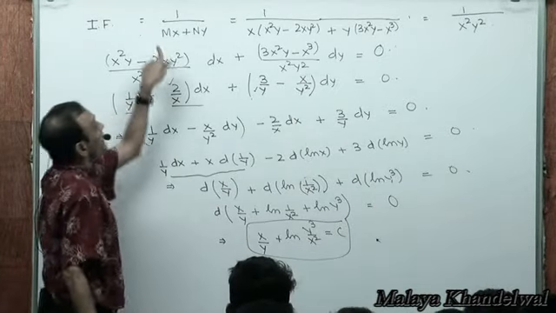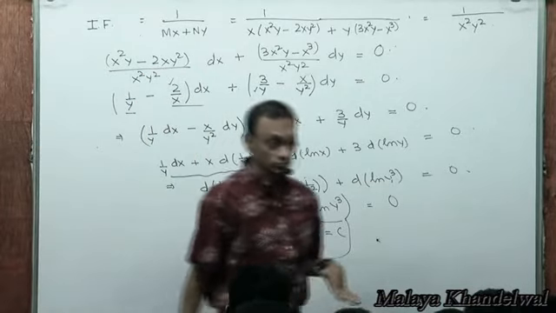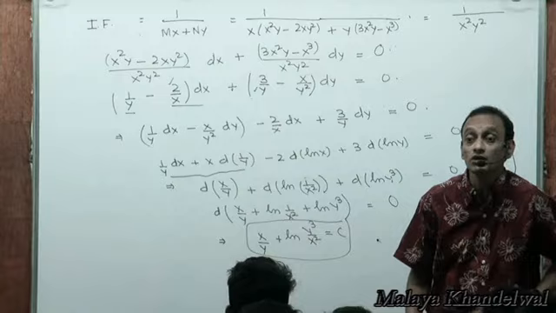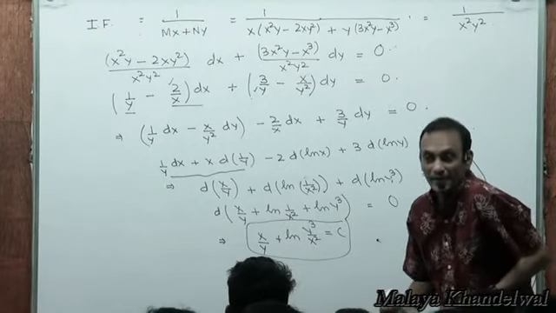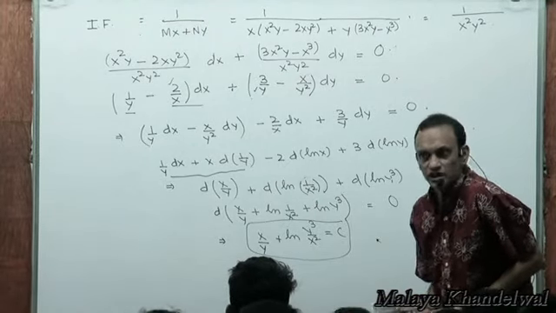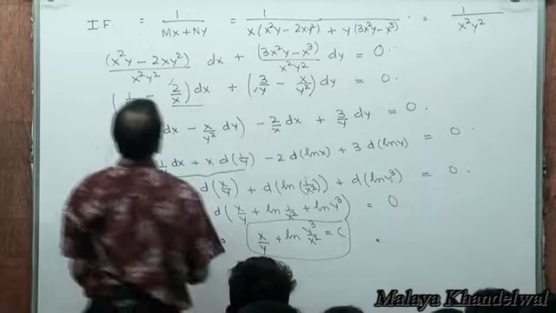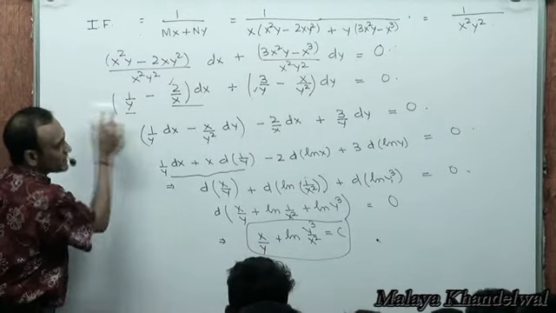Now, so I said mx plus ny should not be 0. What if mx plus ny turns out to be 0 in a differential equation? Now that makes life really easy, because that's a more trivial case.